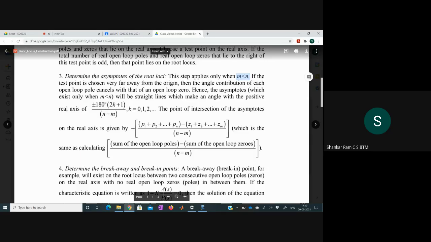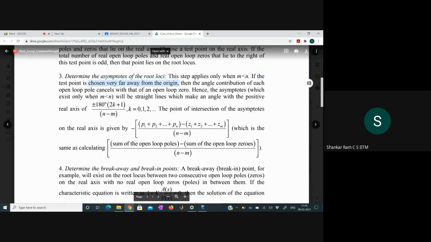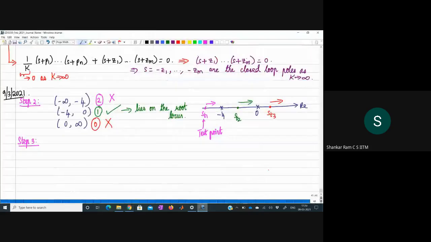Once again, I'm only going to argue the reason. The logic behind this is that if the test point is chosen very far away from the origin, then the angle contribution of each open loop pole cancels with that of an open loop zero. Let's argue like this.